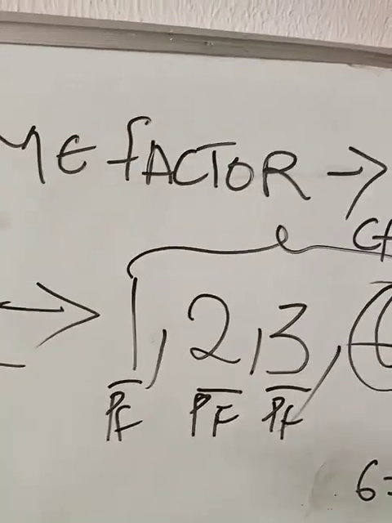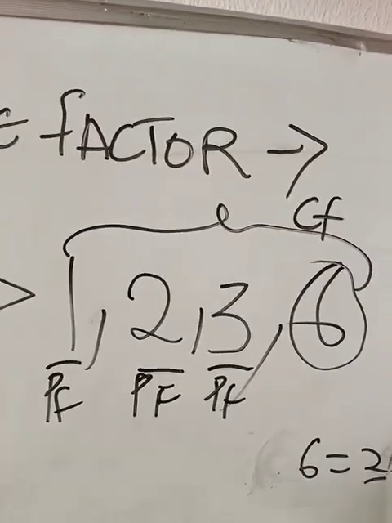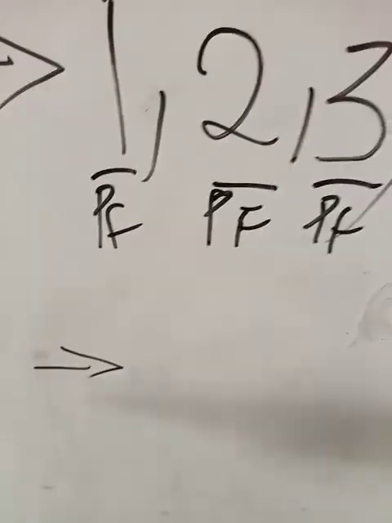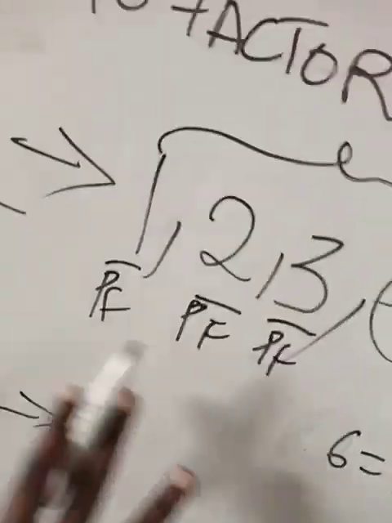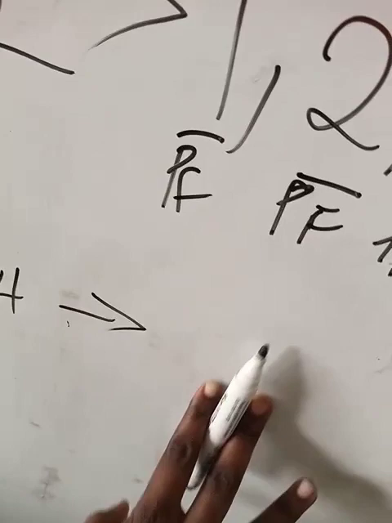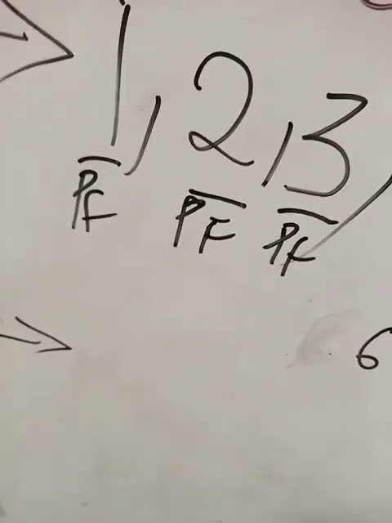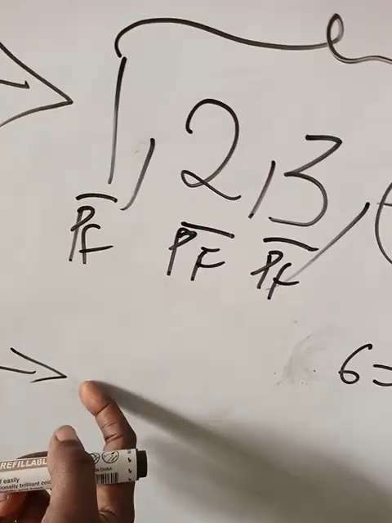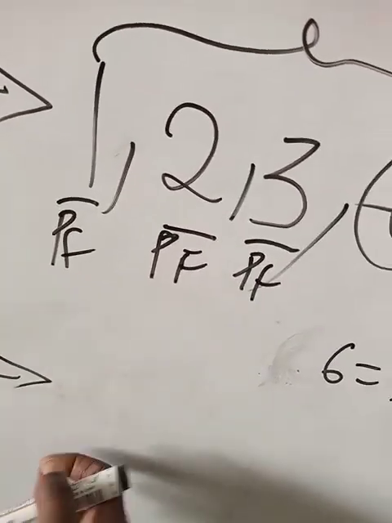When anyone asks you, tell me the prime factors of 24, all you have to do first is bring out the common factors of 24. When you have brought out all the common factors of 24, the next thing you do is go back to your common factors, little by little, and check them.